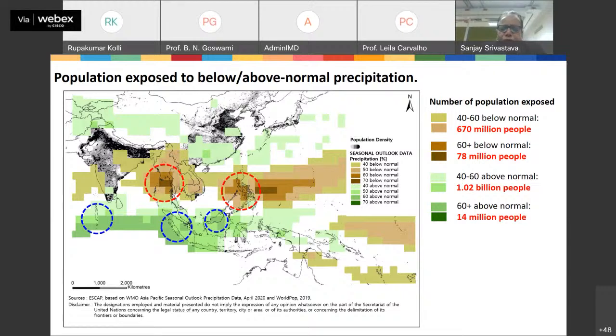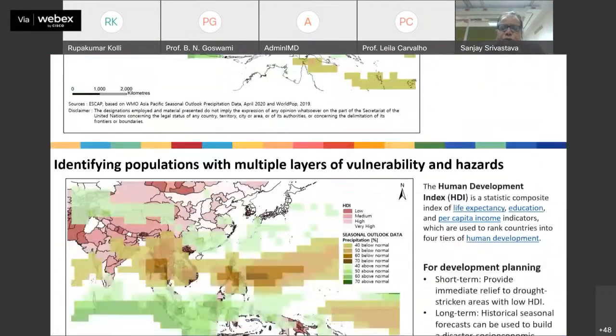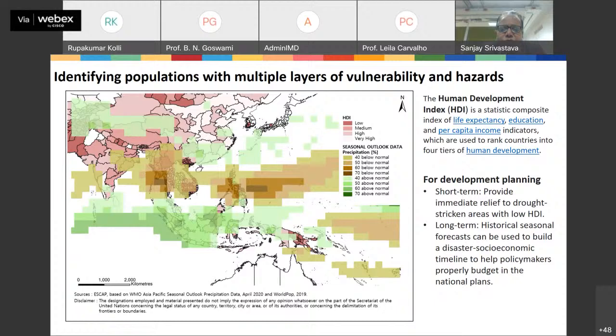And same, those who are above, below normal. So people who are likely to be affected by floods and drought is indicated. So this gives you a clue, a early warning for the early action. The people who are likely to be impacted by this monsoon floods or drought, where they are, what could be the possible risk hotspot.